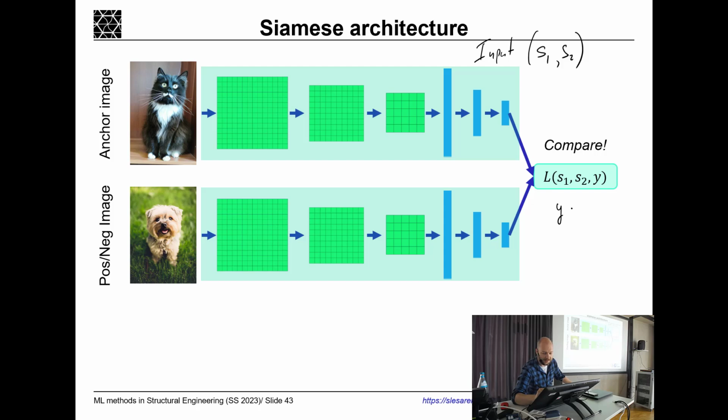Our label says whether the images are the same or similar, or different. Right now we don't care about cat or dog. We just care whether our pair of images is similar, the same class, or different classes.